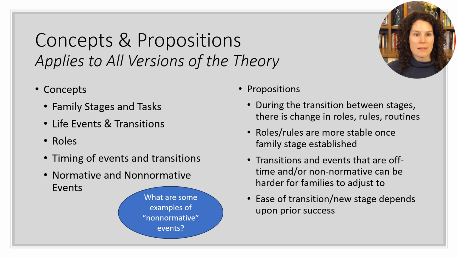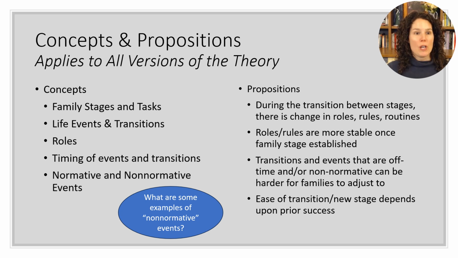Off time means this is at an unexpected time. Off time could be giving birth in your early 40s when you already have some children in college, for example. Or off time might be having a parent die when you're a teenager, or these days getting married at 18. Sometimes events are both off time and non-normative, like an unplanned teen pregnancy.